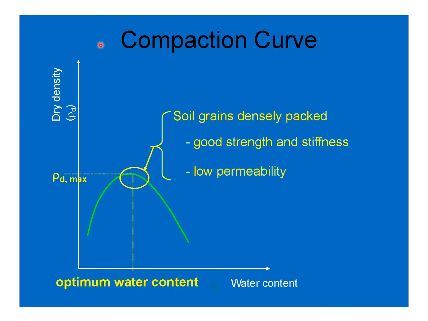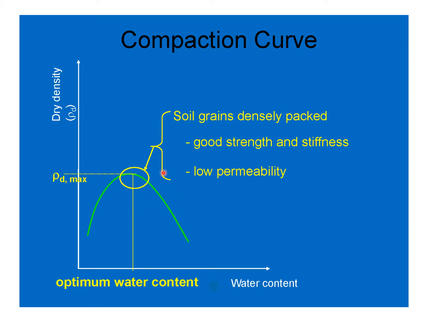So here you can see the typical compaction curve, and you can see that with the increase of moisture, first the dry density is increasing, and here you are getting the peak value for the dry density, and then with the further increase of moisture the dry density is decreasing.